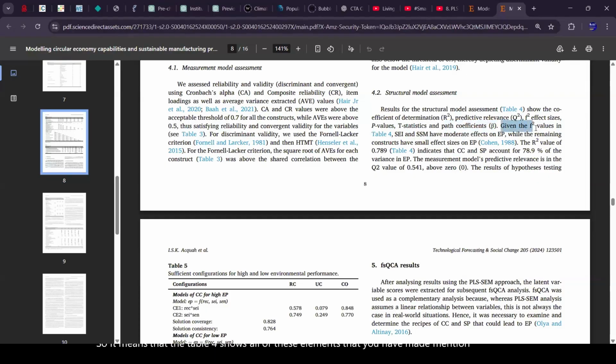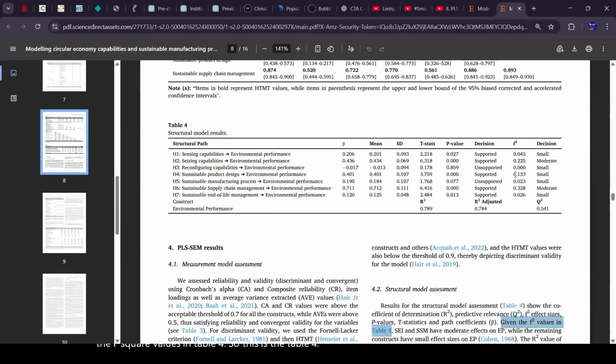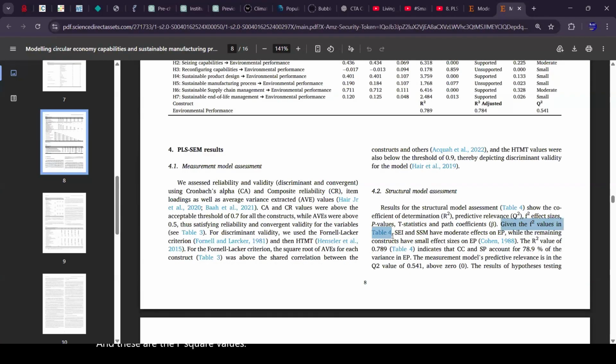Given the F square values in table 4, so this is the table 4, and these are the F square values. Okay. SER, that is one of the constructs, and SSM have moderate effect on EP. So this is the environmental performance; their dependent variable was the environmental performance, EP.